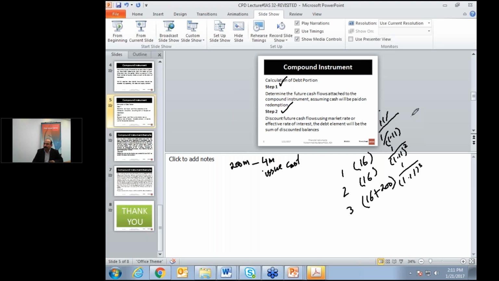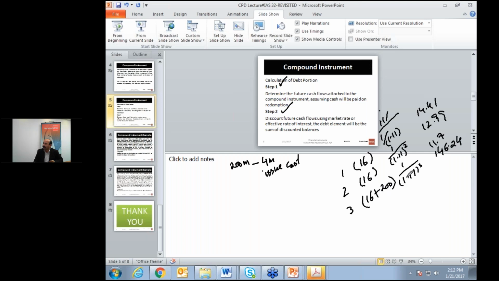The present value for these will be, as I calculated, 14.41, and this is 12.99, and this will give me for 16 million 11.7, and for 200 this will give me 146.24.